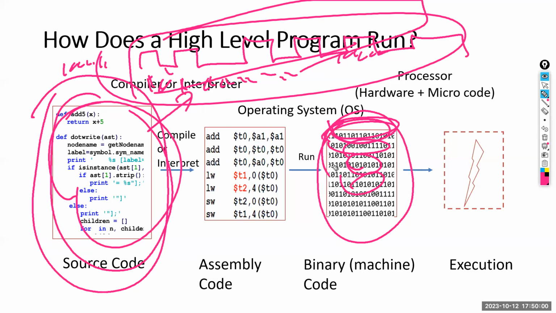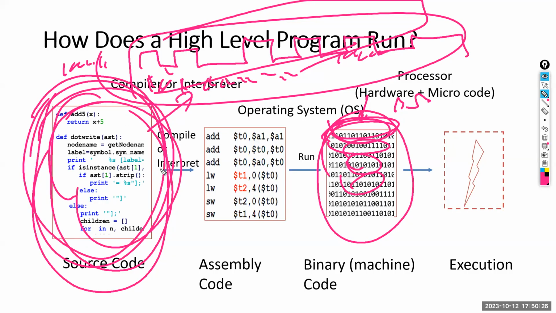Therefore, ultimately, your program will result in a set of control signals. That is why you have the control unit in your computer, the microprocessor. It generates those control signals. That is what happens when the program is running. But what we write is not these sets of ones and zeros. What we write is something like this.